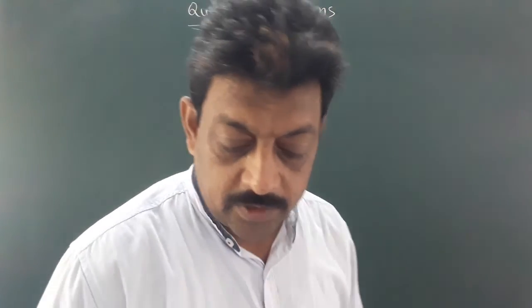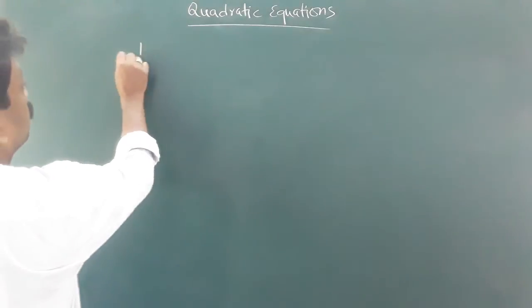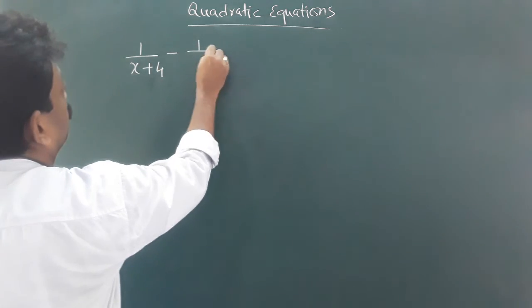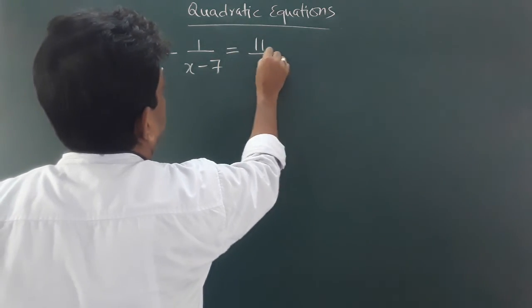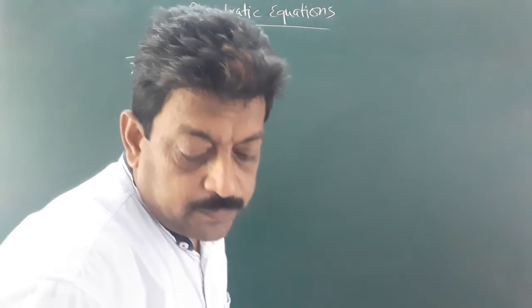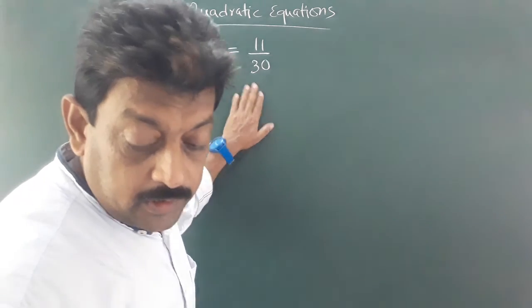The first one is from our textbook NCERT. The question is 1 upon x plus 4 minus 1 upon x minus 7 equals 11 upon 30.